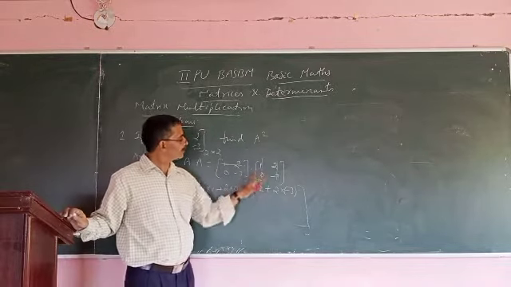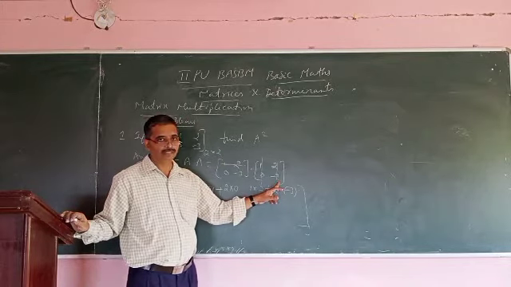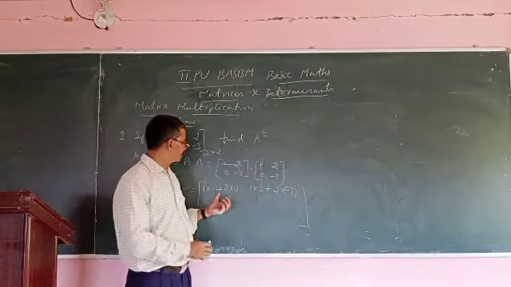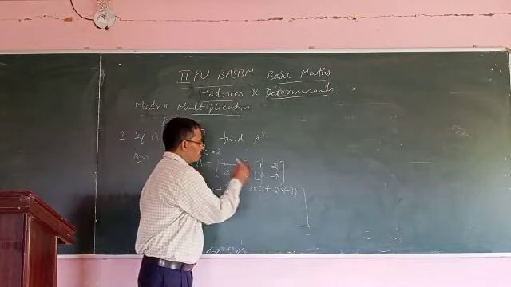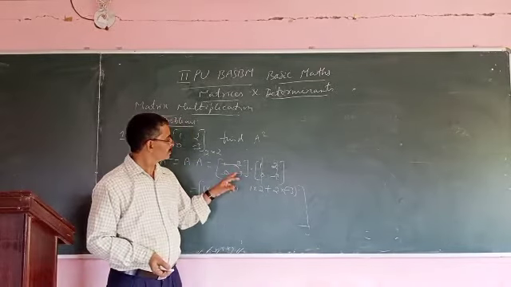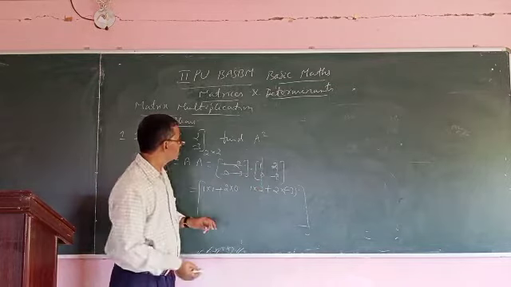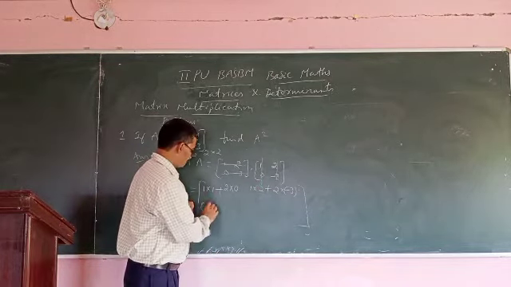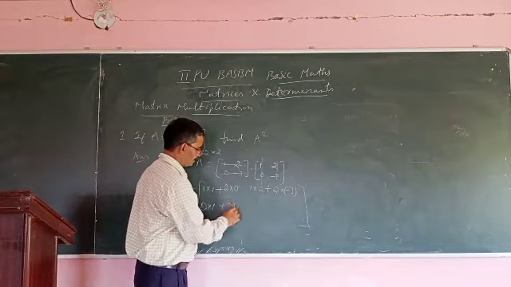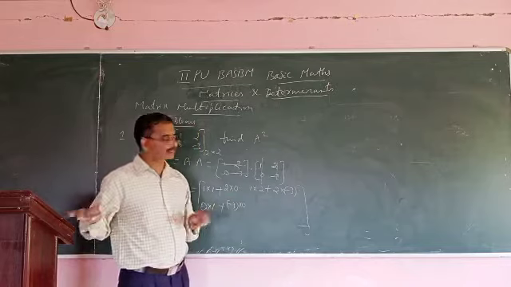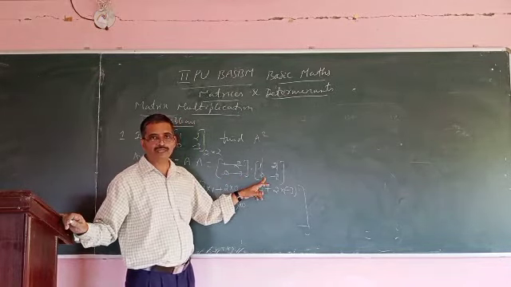Corresponding elements are multiplied and added. What is the next step? Take the second row now, first row over. Second row multiplied with the first column: 0 into 1 plus minus 3 into 0. Like this you have to consider.